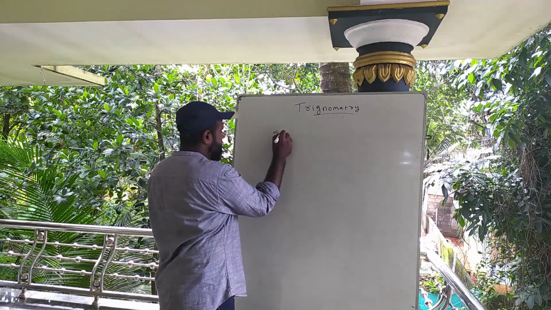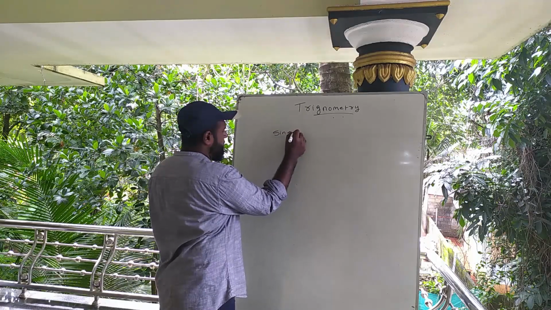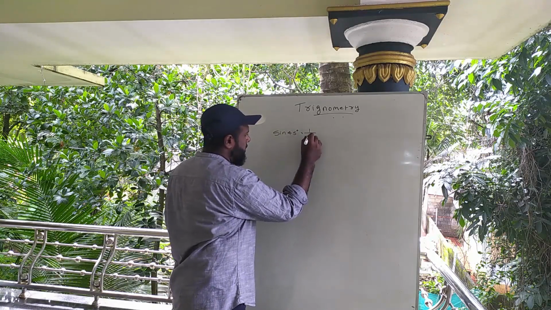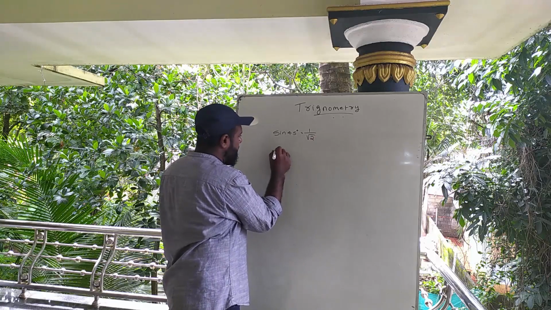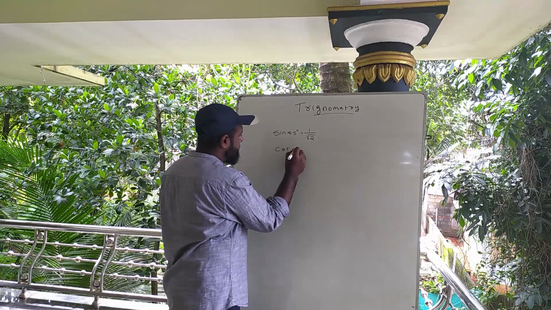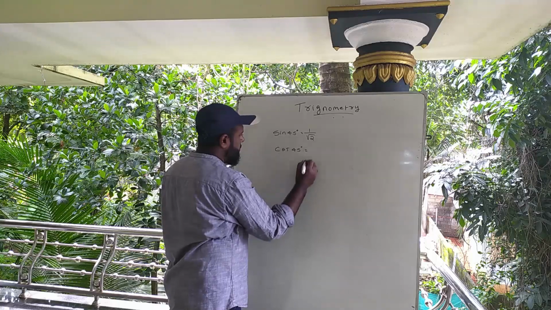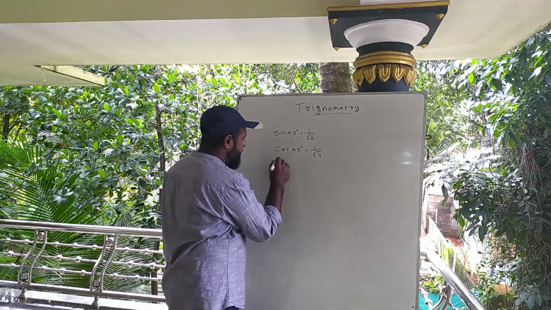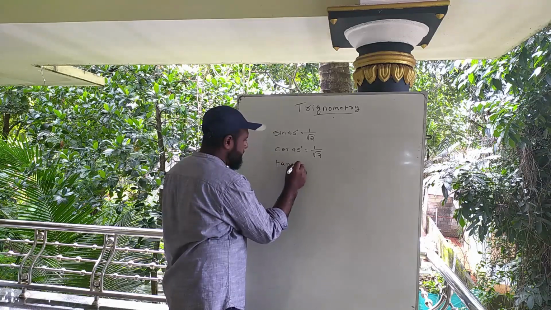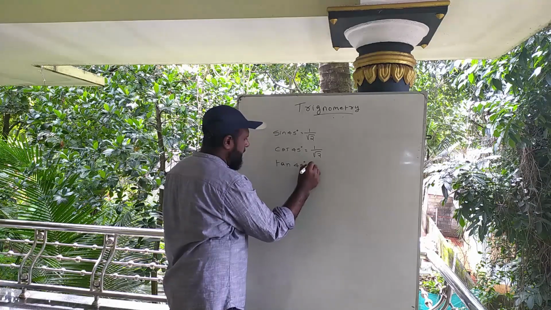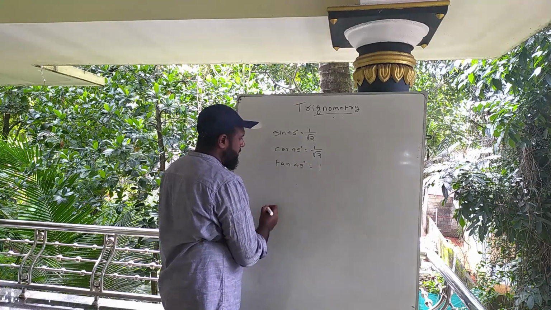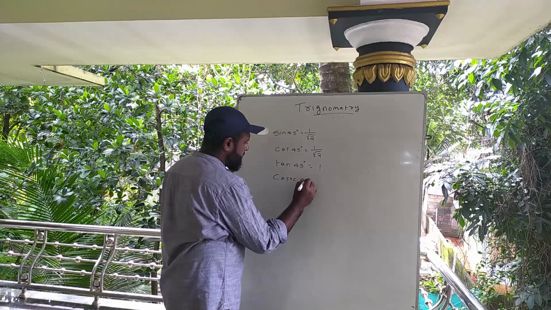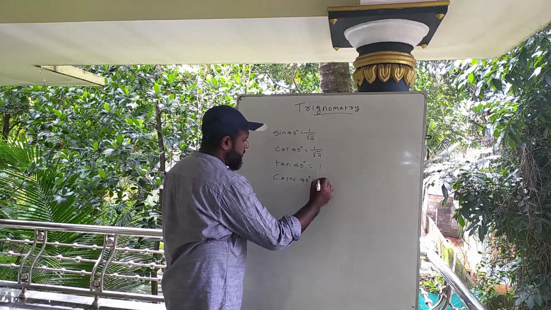Sin 45 degree equal to 1 by root 2. Cos 45 degree equal to 1 by root 2. Tan 45 degree equal to 1. Cosec 45 equal to root 2.